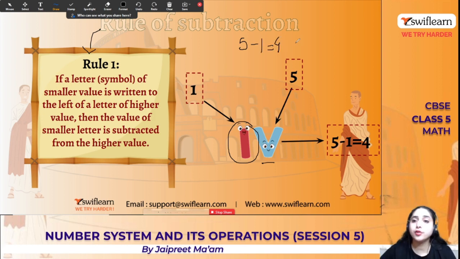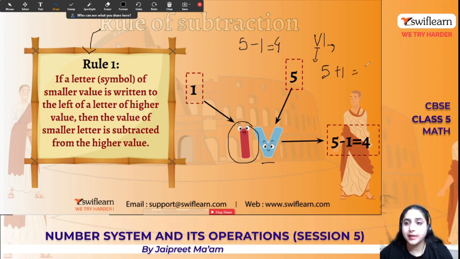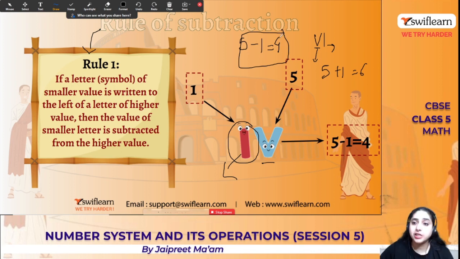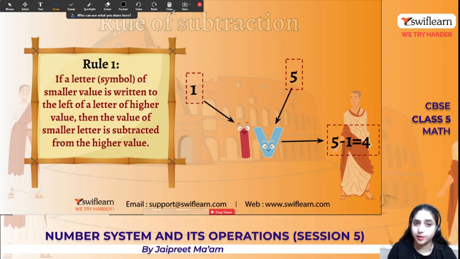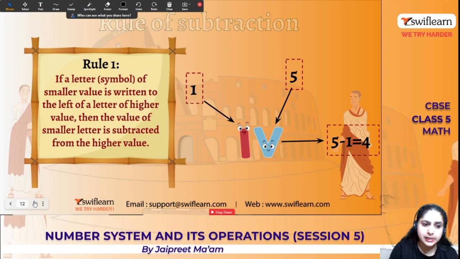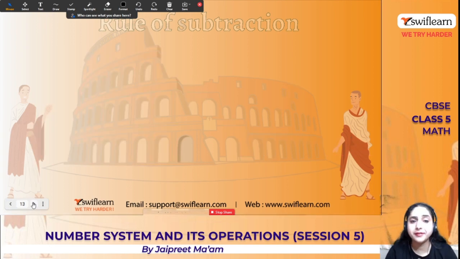And don't get confused: if it is written VI, the greater value is written first and after it the smaller value, that means addition, that is 6. If the smaller value is written before the greater value, you have to subtract, and if the smaller value is written after the greater value, you have to add. This is the first rule of subtraction. Along with it we will also revise the rule of addition so that there is no confusion.